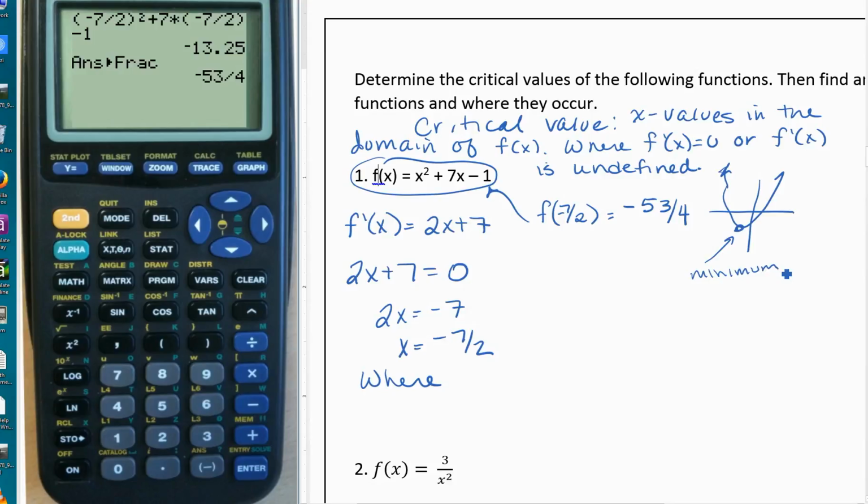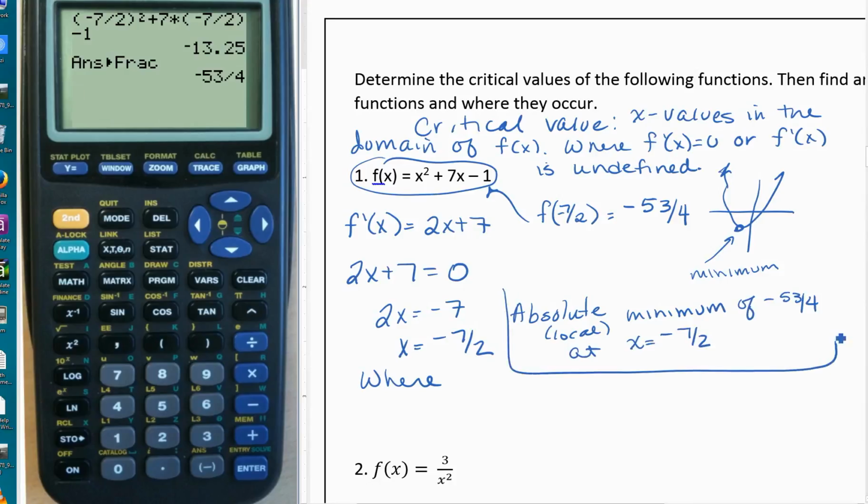This basically gets the vertex for you. So we found we have an absolute, it's also a local, but an absolute minimum of negative 53 over 4 at x equals negative 7 halves. Okay, and the parabola is going off to infinity in both directions, so we don't have any local maxes here or an absolute max.